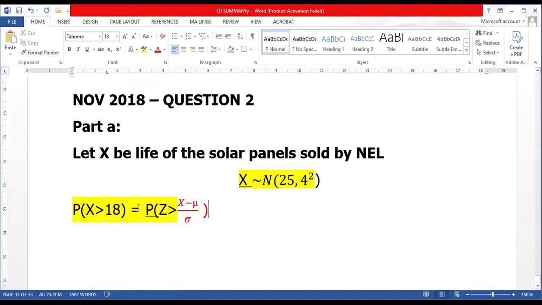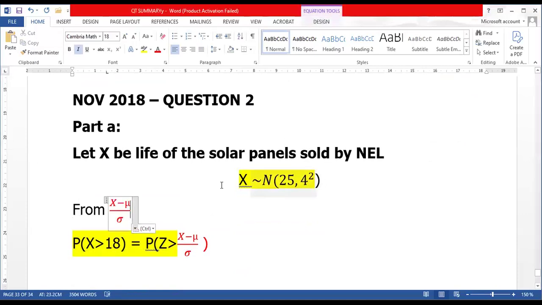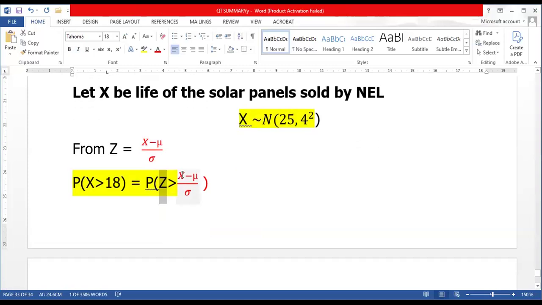As you answer, you'll be saying from Z is equal to, then the probability of X is greater than 18 will be standardized: where you have X, put Z, then where you have 18, that is the value of X, so I put 18 here.